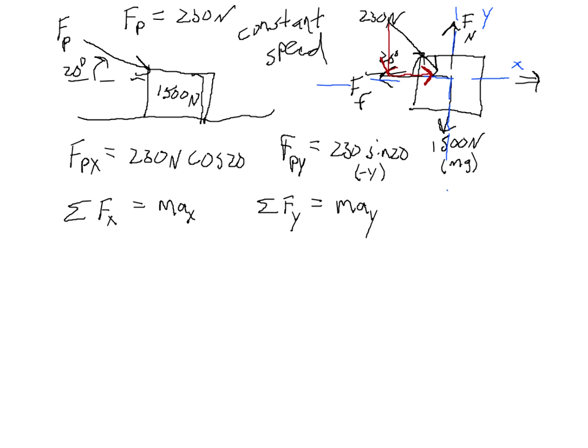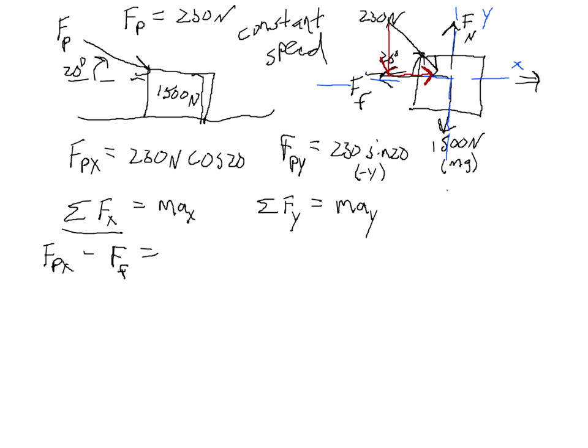The forces in the x direction all go on the left side here. Forces that are in the x direction, we have the x component of the push in the positive x direction, and we have friction in the negative x direction. That's equal to the mass of the box times the acceleration of the box in the x direction.